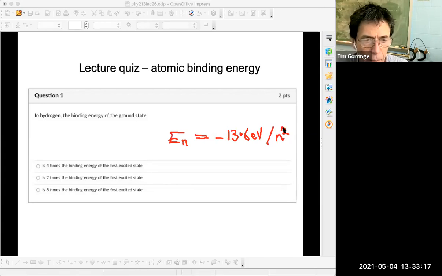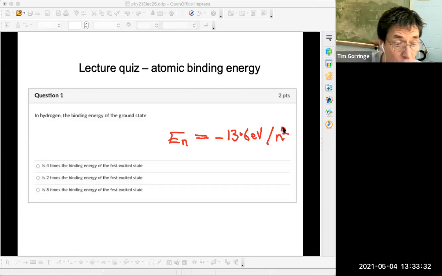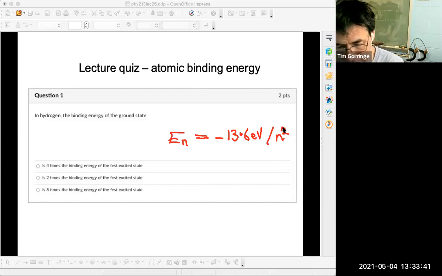So its binding energy is minus 13.6 electron volts. The first excited state is n equals 2. Its binding energy is a quarter of minus 13.6 electron volts. So the answer here is that the binding energy of the ground state is 4 times the binding energy of the first excited state. So I hope that makes sense.